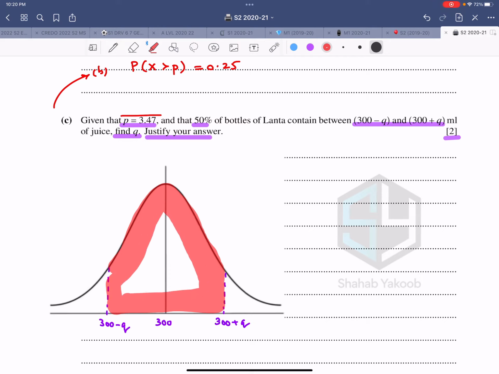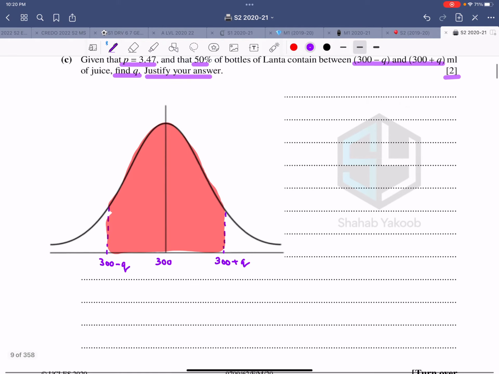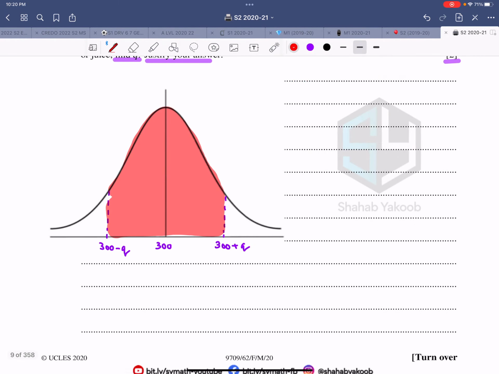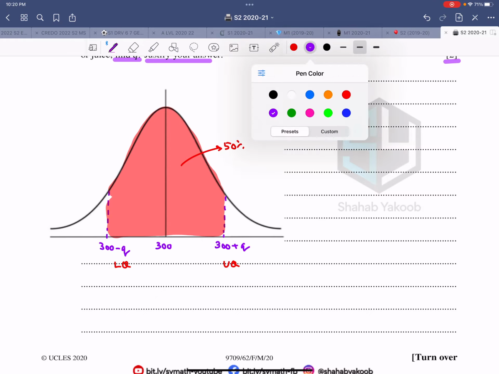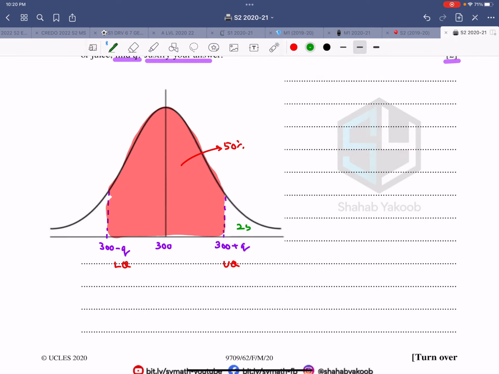If you know your S1 very, very well, you would have realized that this 50% in the middle, in other words, this thing is your upper quartile, this thing is your lower quartile, because this is 50% and at the corners there is 25%, at this corner there is 25%.